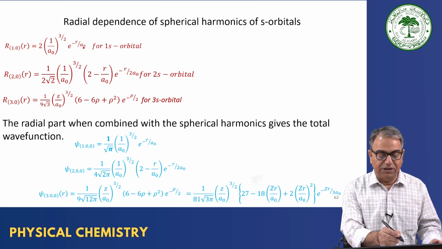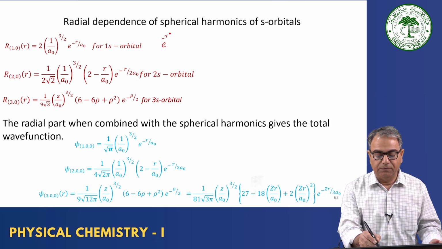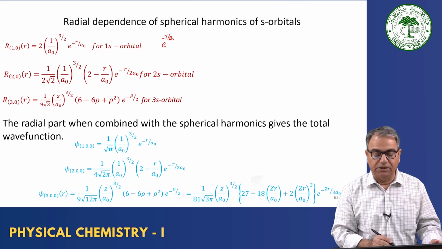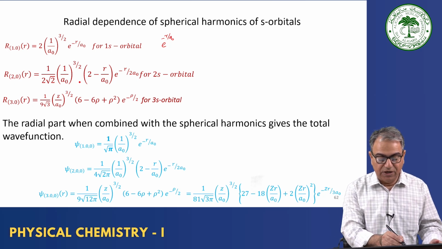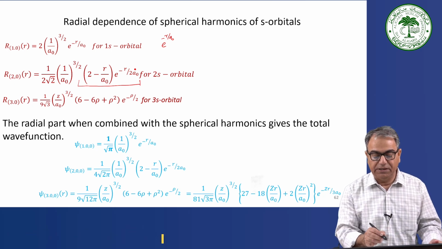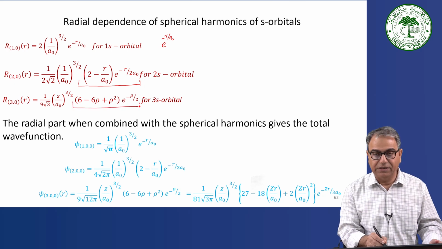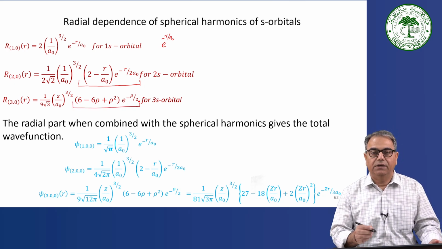For 2s, the radial dependence is 2 minus r divided by a naught, and then exponential minus r divided by 2 a naught. For 3s you have the dependence 6 minus 6 rho plus rho square, exponential minus rho divided by 2. This we have already seen in the previous modules in detail, and you can check.